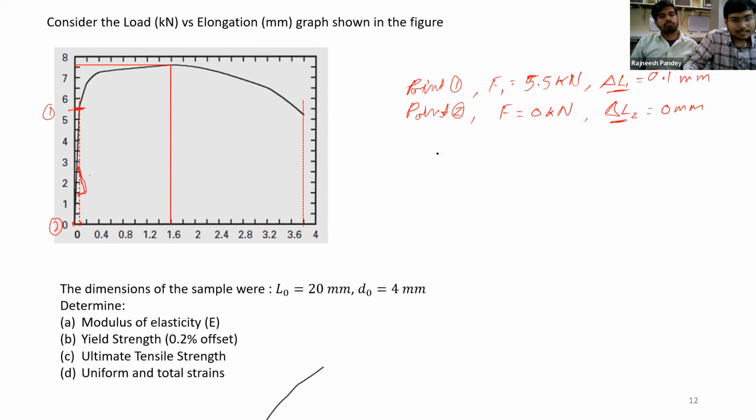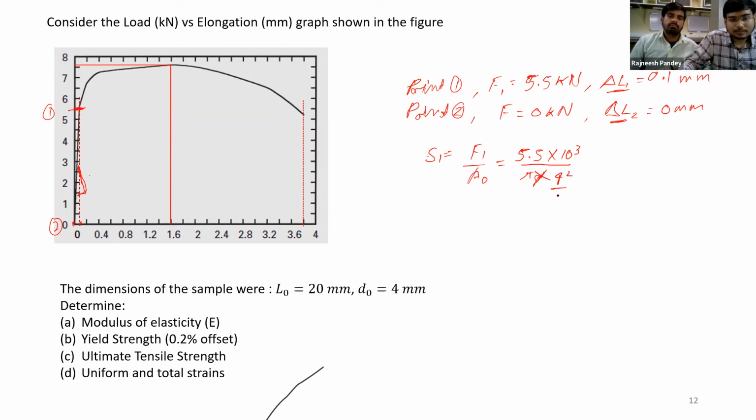Now we shall calculate the stress at these points. S1 will be nothing but F1 by A0. I have already calculated it, so I'll just put the values here. It comes out to be 5.5 kilonewtons, so 5.5 times 10 to the power 3 over pi d0 square over 4, and let me put the value directly for d0. D0 is 4 mm.